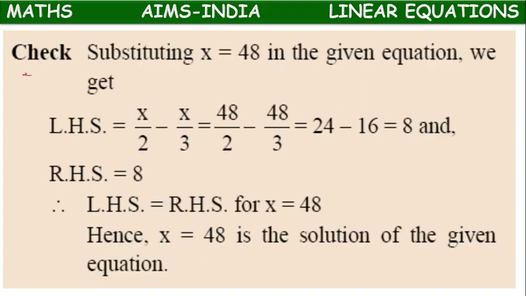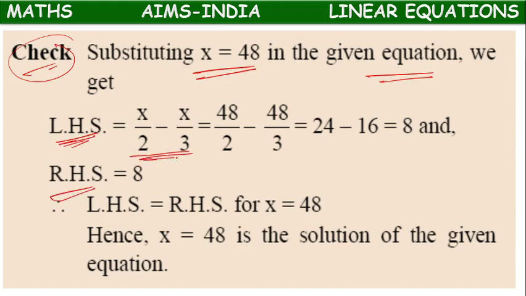So how to cross check it? Substituting x equal to 48 in the given equation. We check LHS and RHS. What is LHS? x by 2 minus x by 3. What is RHS? 8. So in LHS we put x value 48. 48 by 2 is 24. 48 by 3 is 16. 24 minus 16 is 8.